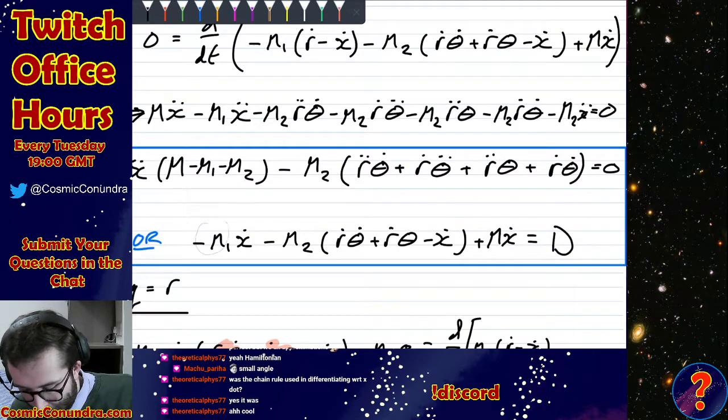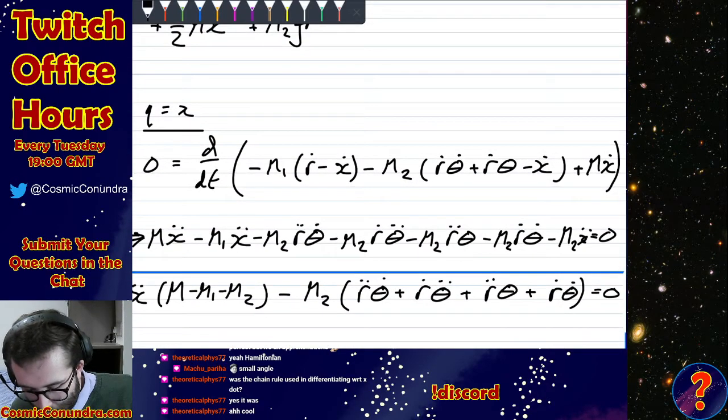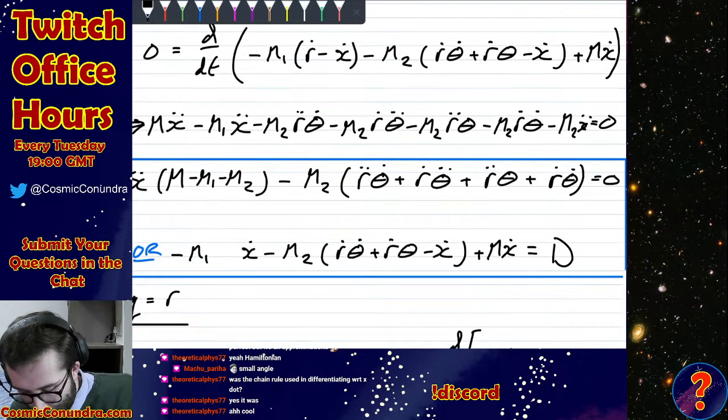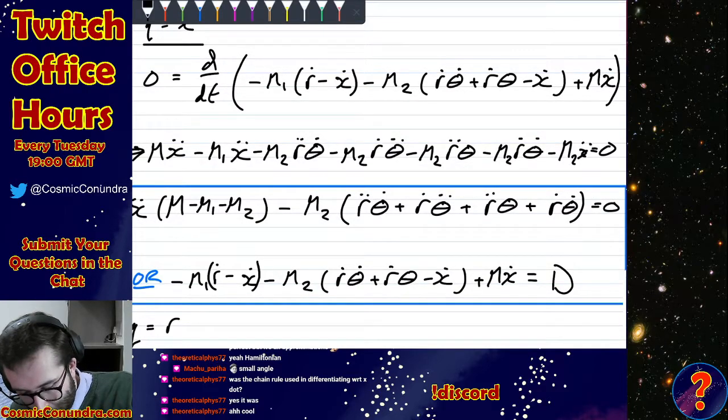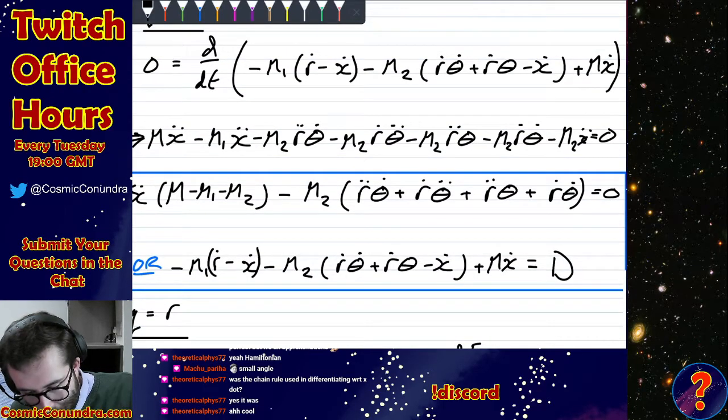I just have to now correct this extra line here to, yeah, no, that's fine. So that equation is correct, but then I should also have, well, somewhere in here there should be a minus m1 r dot.